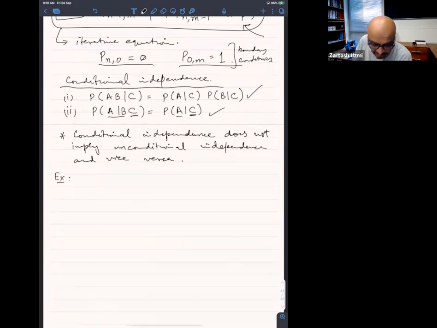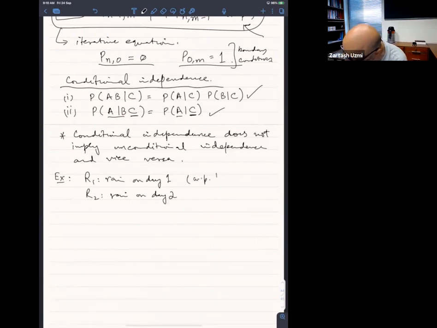Let's take the same rainy day example. R1 is the rain on day 1, R2 is rain on day 2, each with probability 1/2.